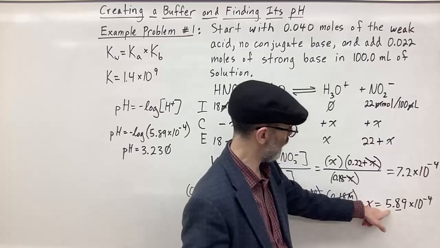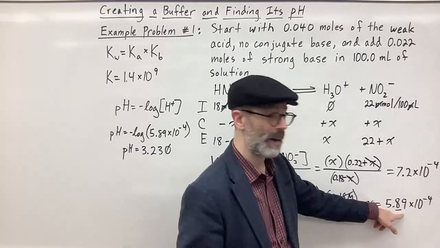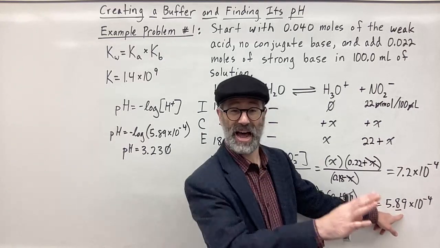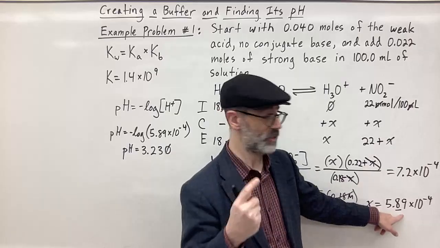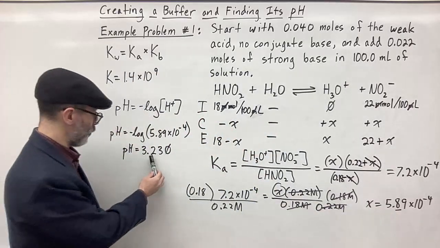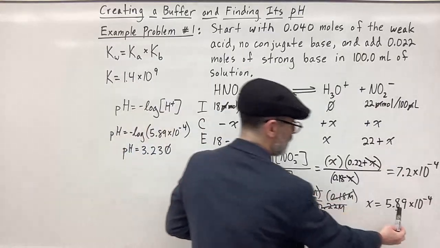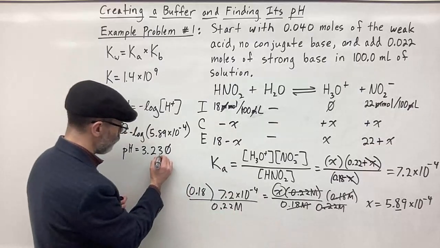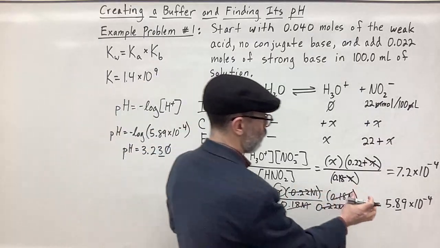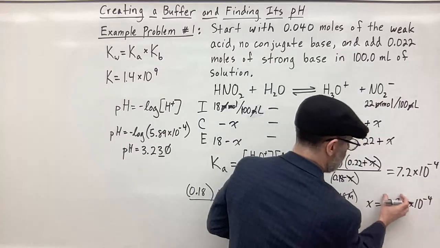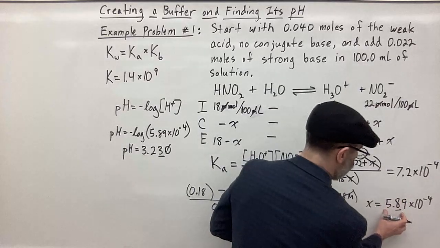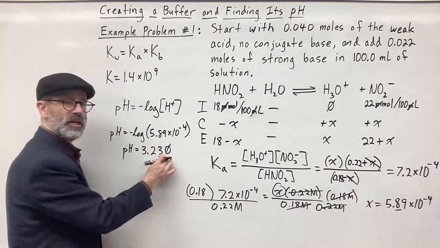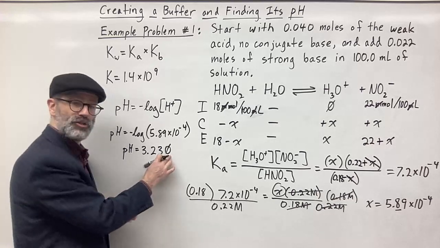I have 3 digits here, so the value I get should have 3 decimal places. But notice that this 9 is not significant, I just kept it. So the 3 is the last sig fig, which means I should cut it off at 2 decimal places, but I kept an extra sig fig, so I kept an extra decimal place.